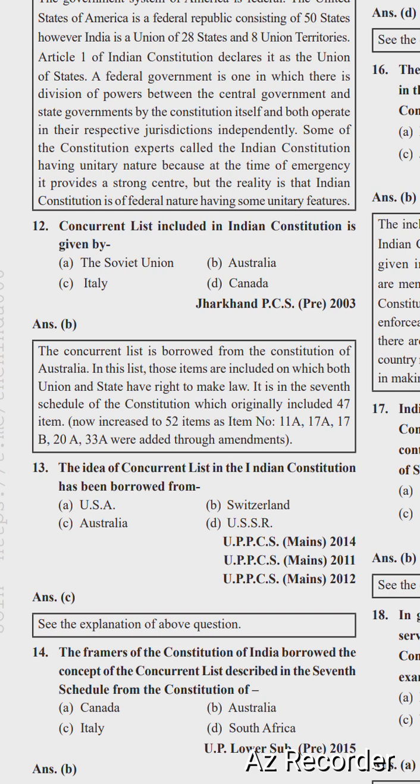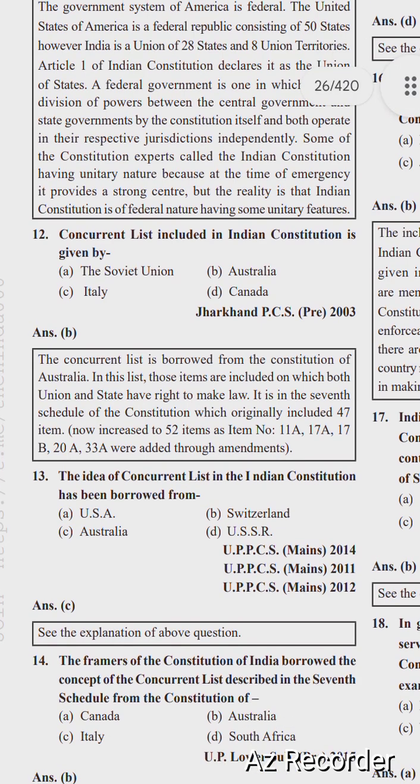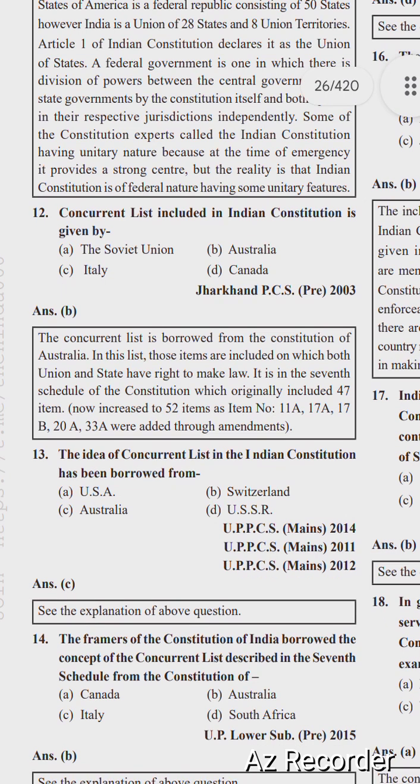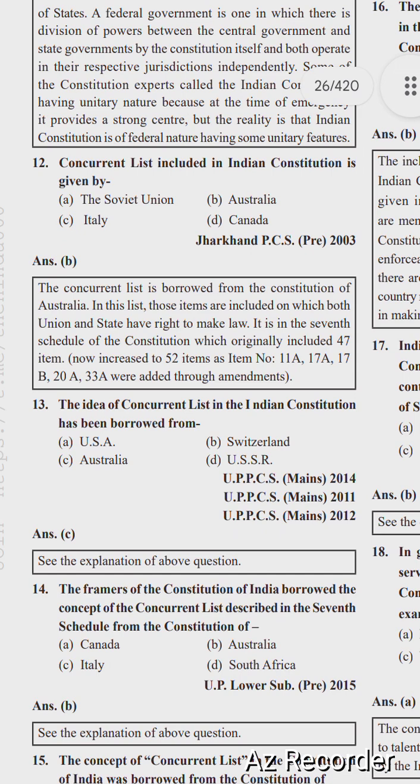In this list, those items are included on which both union and state has right to make law. It is in the 7th schedule of the Constitution, which originally included 47 items, now increased to 52 items, as item number 11A, 17A, 17B, 20, 33A were added through amendment.